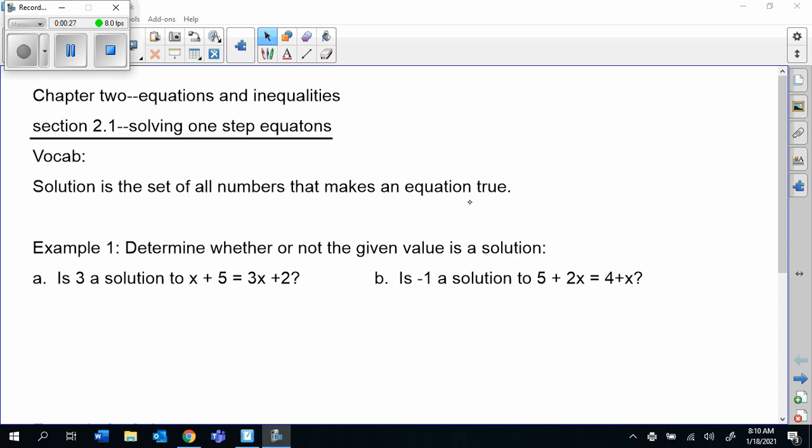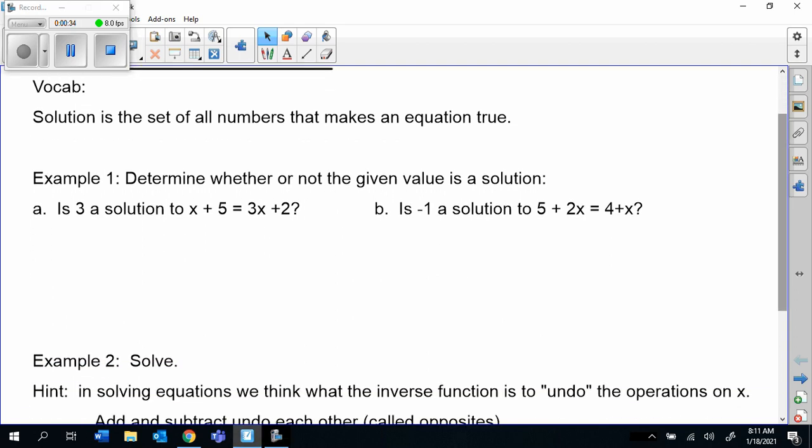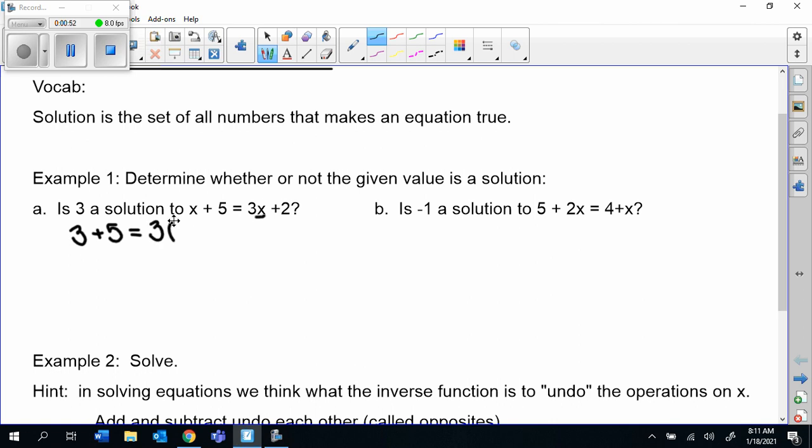true. So if we want to determine whether or not something is a solution, the easiest way to do that is to just plug in that number and see if we get a true statement or a false statement. So if I plug 3 in for x right here, I'm going to get 3 plus 5. And then I'm going to plug in 3 for this x as well.